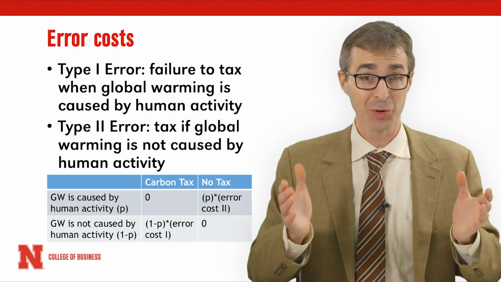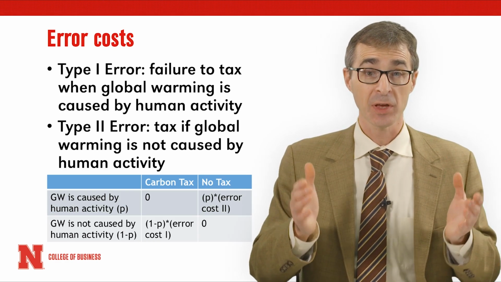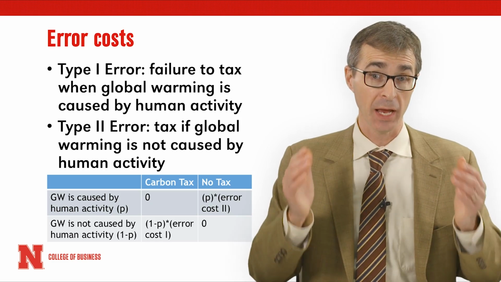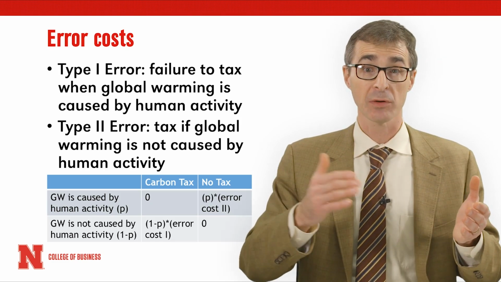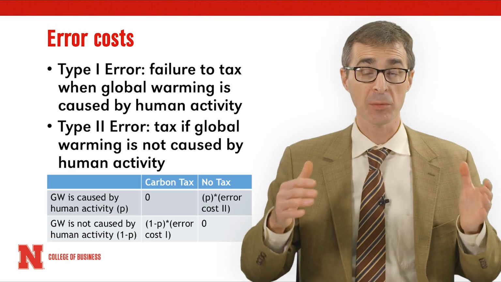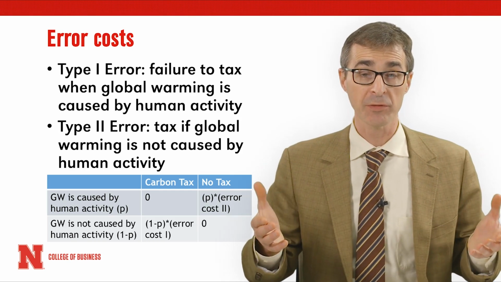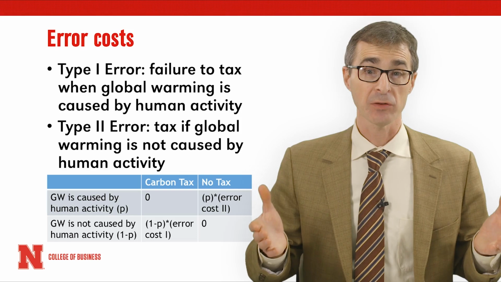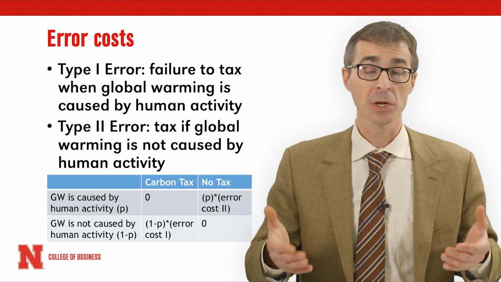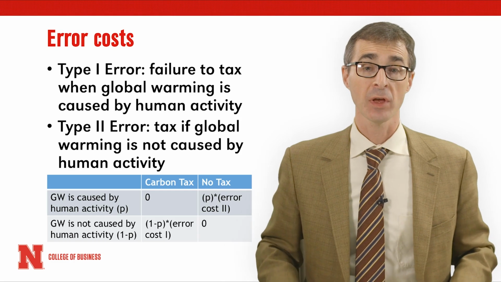Obviously, a key input in this analysis is how big economically are the errors going to be in either of the two situations. But even this type of simple analysis can help us begin to visualize and quantify the economic magnitude of different options and different types of decision errors when we're dealing with economic costs and uncertainty.